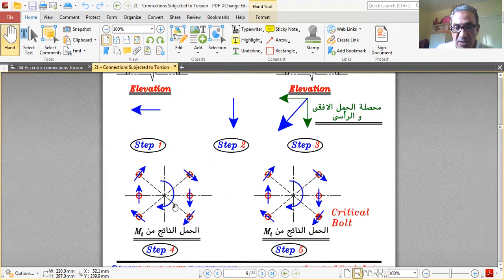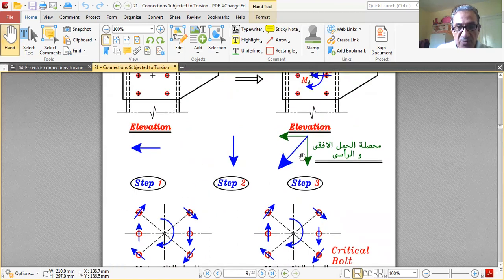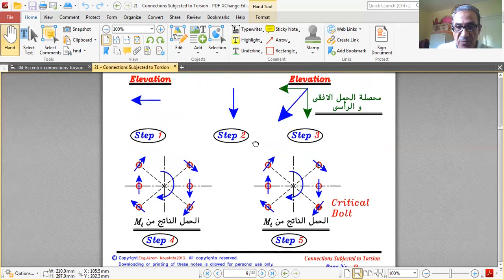Here we have the forces coming from the torsion, and the forces coming from the X and Y components, or from the resultant.